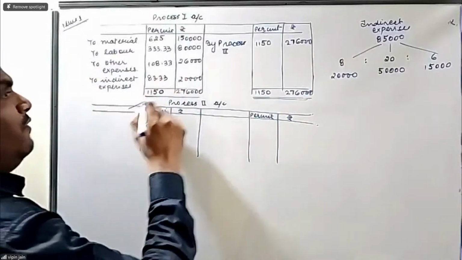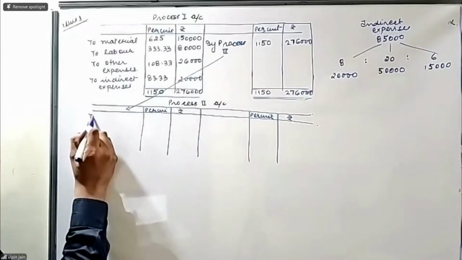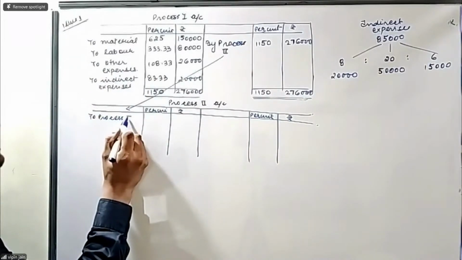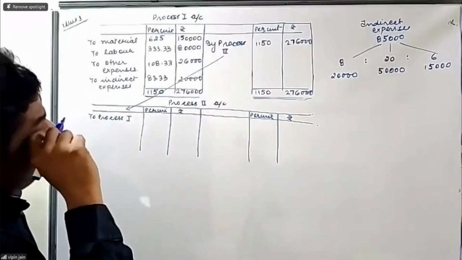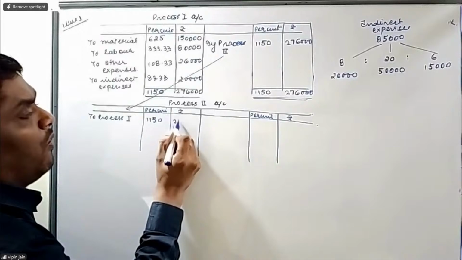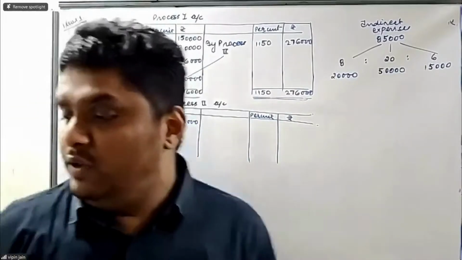Now the output of process first will be transferred to the next process. So to process first. Now we'll write down the additional cost.